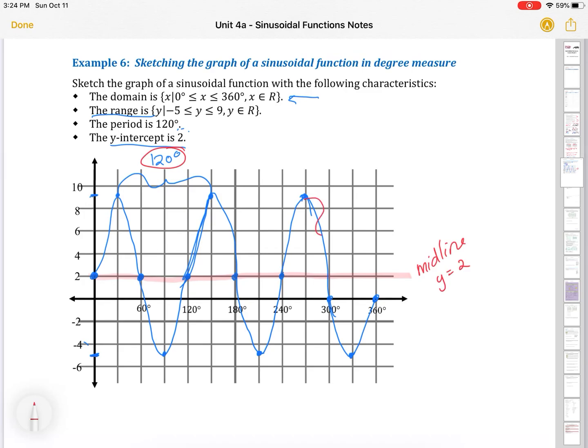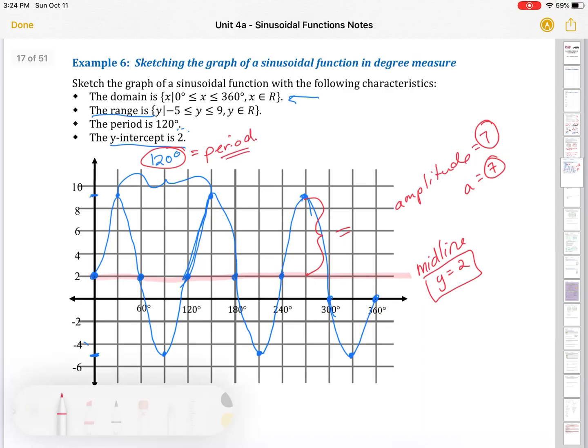Our amplitude, therefore, is 9 minus 2, so it is 7. Okay, A equals 7, and our midline is y equals 2, and our period is 120 degrees.